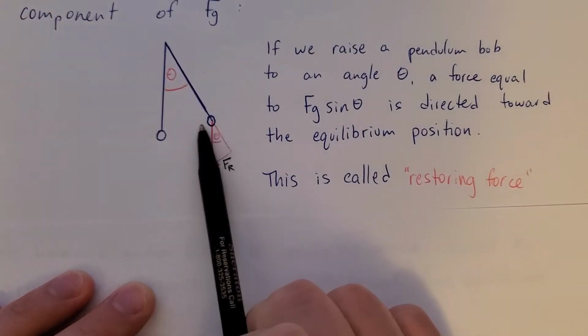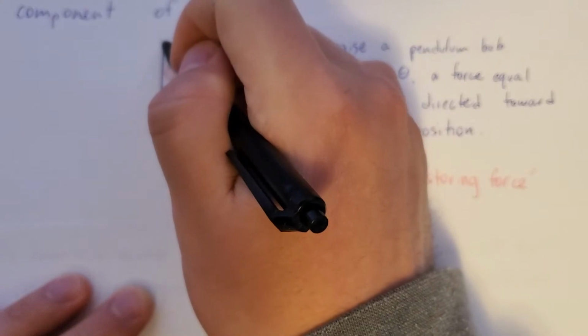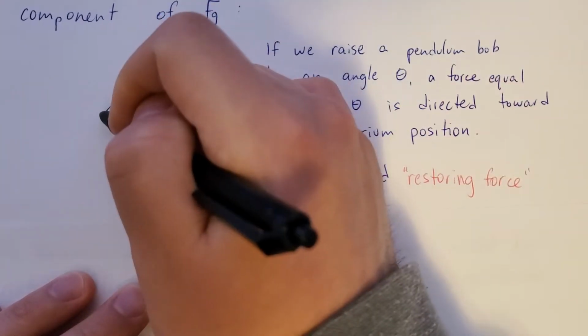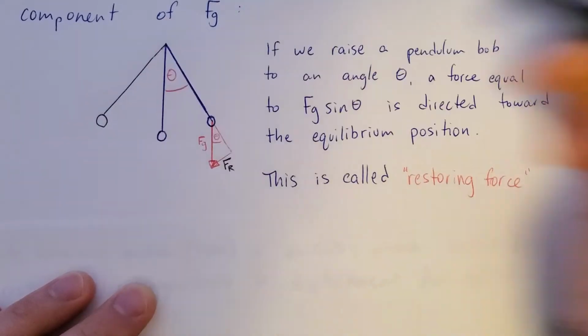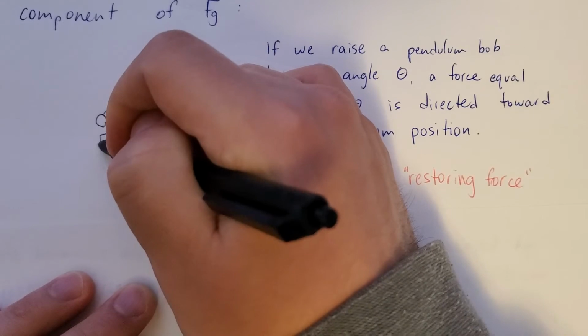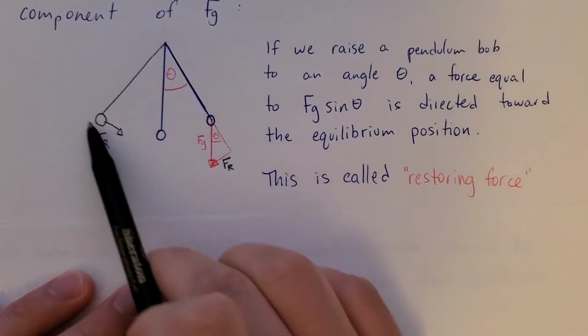But what happens is this thing swings and accelerates until it reaches equilibrium position, but by that point it has a speed that's going to carry it past the equilibrium position, and it'll experience a restoring force back toward it, and this just repeats itself.